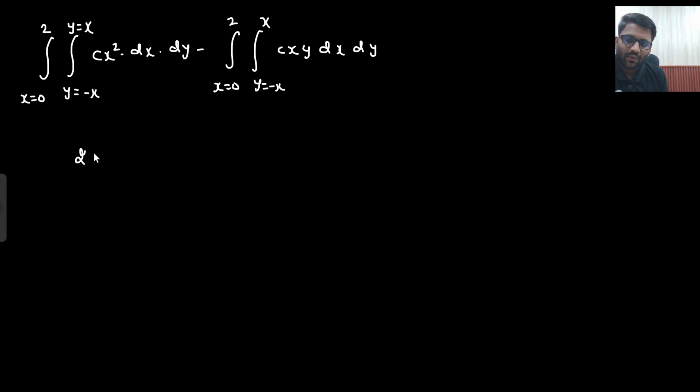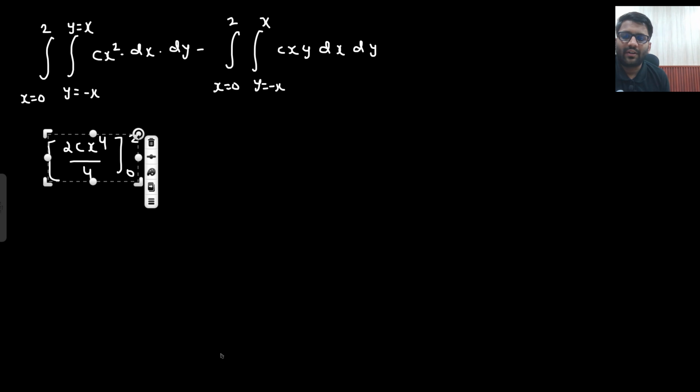You can do this calculation on your own, so I will do it quicker. Here dy integrates to y, with limits from minus x to plus x, so 2x comes, multiplied with cx square, giving 2cx cube. Now integrating, you get 2c x to the power 4 divided by 4, going from 0 to 2.